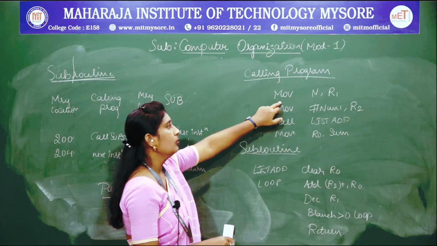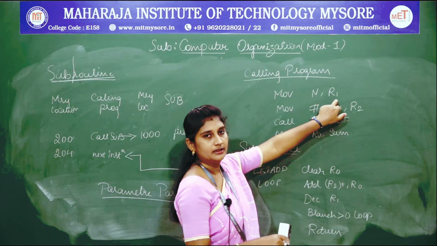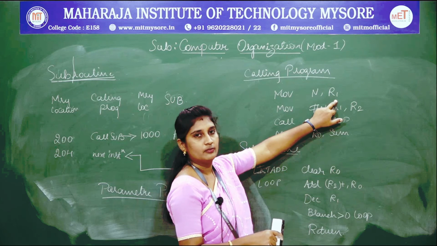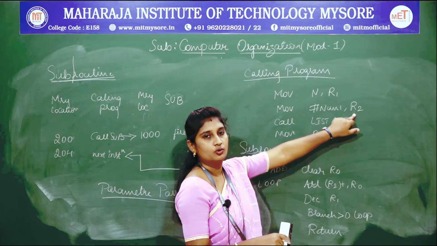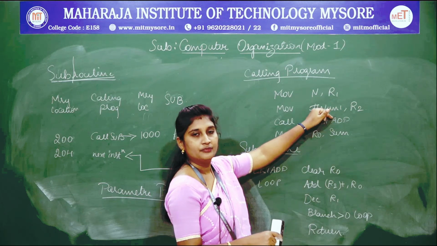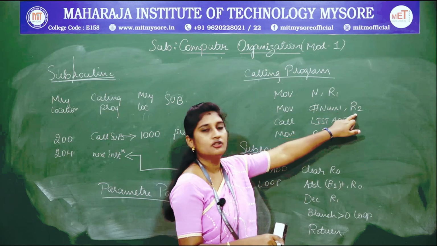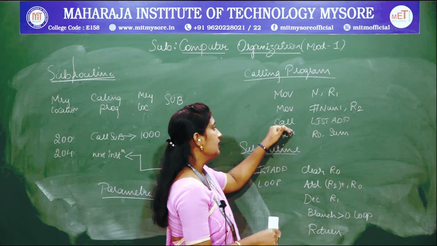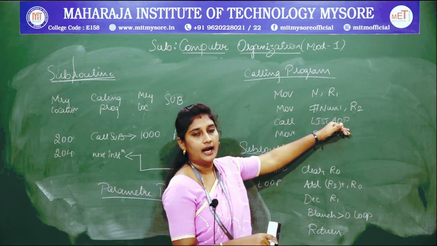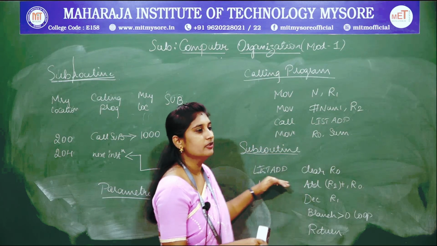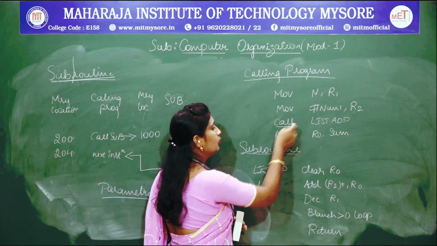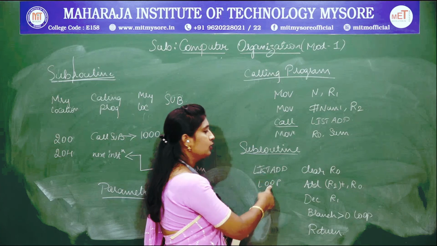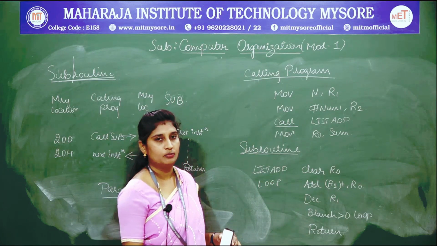The calling program: Move n, R1. That is, the count is stored in R1 register. Move #NUM1, R2. The address of the first element in memory gets stored in your R2 register, and Call LISTADD. Here the subroutine name which I have given is LISTADD. Now the subroutine is called.